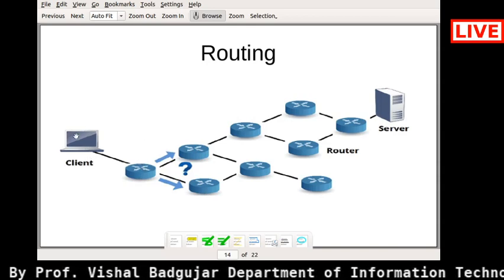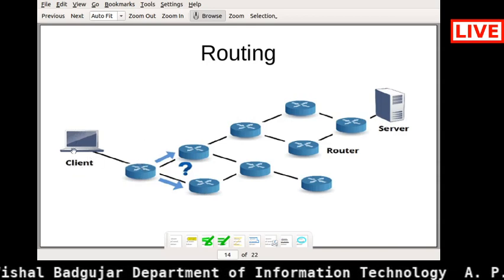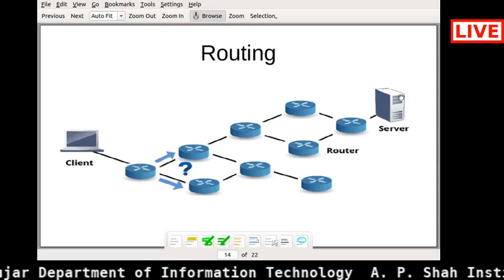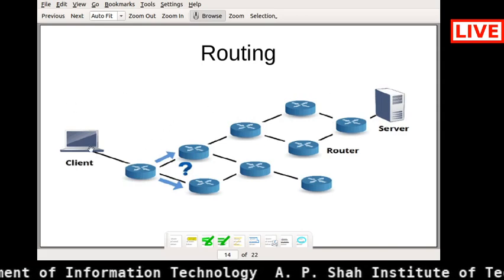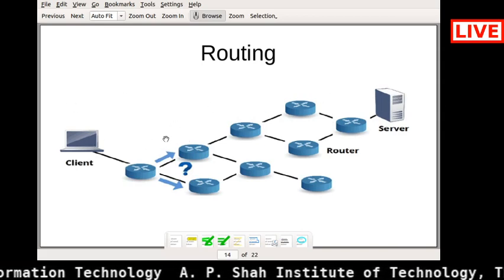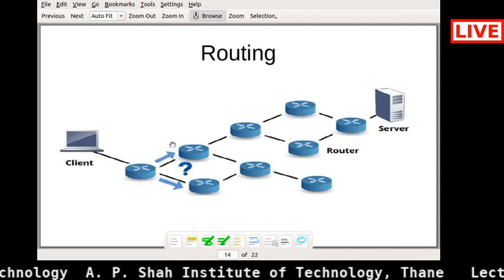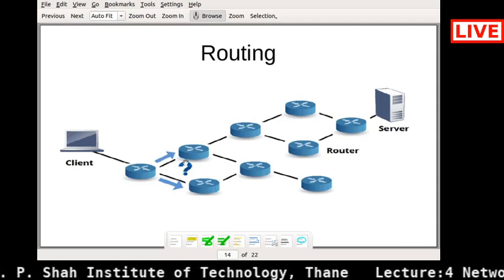Here is one simple diagram to clear the concept of what routing exactly is. If you see here, there is a client and one server, and between these two networking devices we need to send a packet.